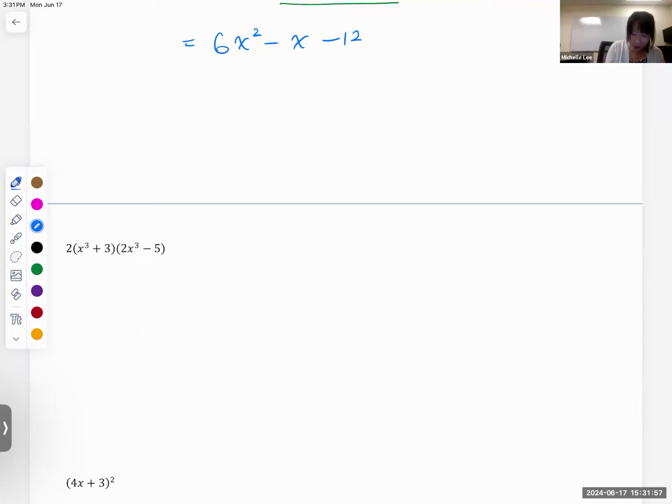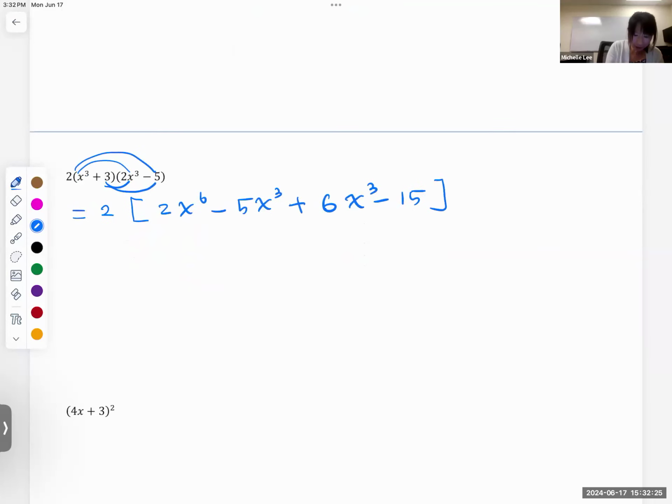Okay. So this one, same thing, we multiply to the end. So multiply 2x to the 6th power, minus 5x to the 3rd power, plus 6x to the 3rd power, negative 15, right? Okay, let's combine. 2x to the 6th power.